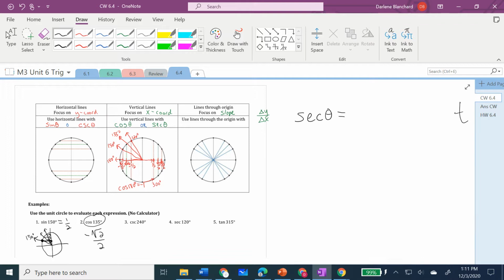Right. It's cosine's reciprocal. Good. Cosecant is what in terms of sine and cosine? Reciprocal of sine. Now, do you remember what tangent is in terms of sine and cosine?